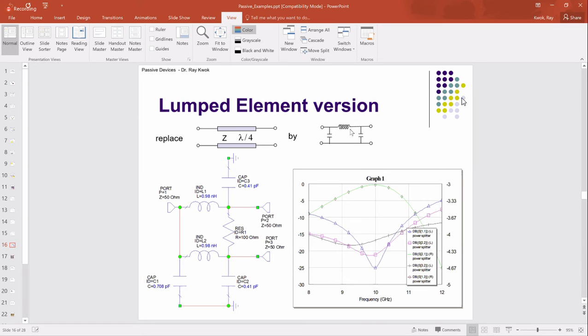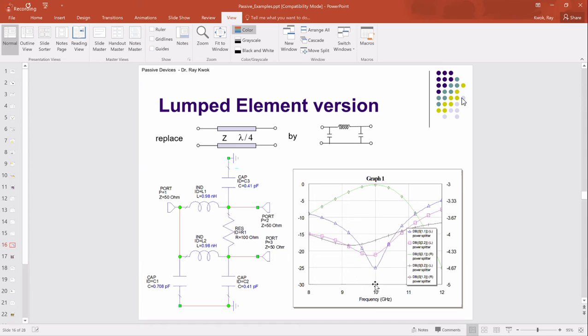If I choose this network for my transmission line, I just replace the 2 transmission lines with a shunt cap, inductor, and a cap here, and the same thing here, cap, inductor, cap on the other port, and keep this 100 ohms. I achieve the same result.